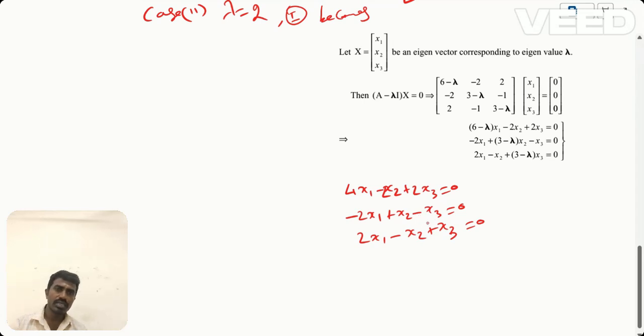Here, second and third equations are same. So first consider first two equations. Here also first two, if you divide by 2 in the first equation, then you have to make it 2x1 minus x2 plus x3 equal to 0. So all three equations are same.